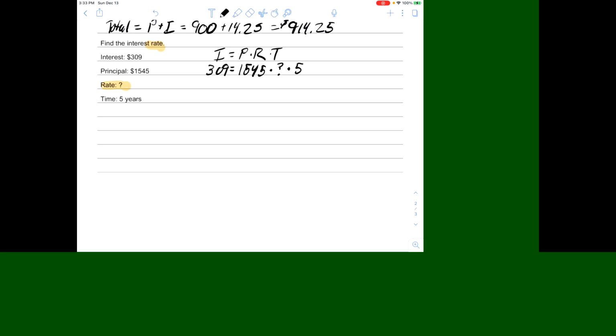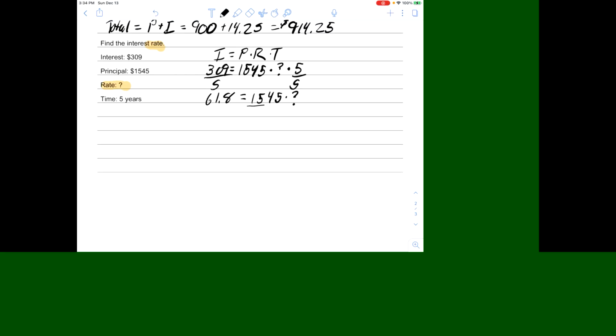Now to finish solving this, I have to divide to find these. The first thing I'll do is divide by 5 on both sides to try to find that question mark. 309 divided by 5 gives me 61.8 equals 1,545 times something.